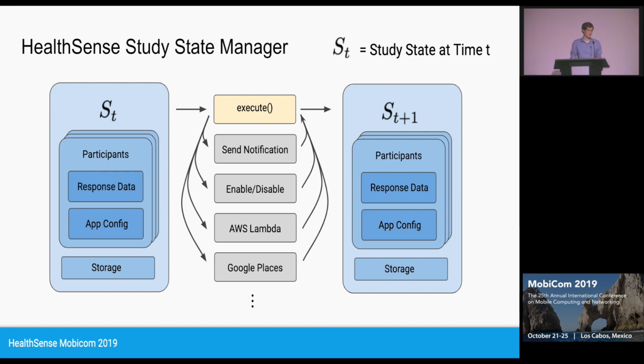And then all of this gets fed back into a new study state, which represents the app configuration and response data of the participant. So the physical implementation of this is that all of this is somewhere on a remote server, and it's taking in a bunch of streams of data, and it's executing any combination of these features that's consistent with the trial design criteria, and it's spitting out a new study state.